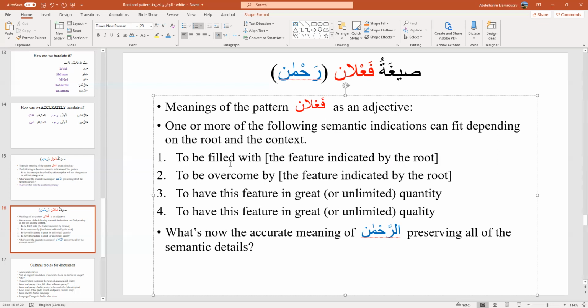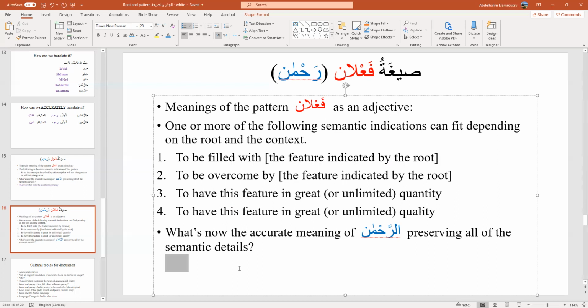So if you'd like to indicate the semantic indication according to each one: first, to be filled with mercy; second, to be overcome by mercy; third, to have great, in this case unlimited, mercy in quantity; and finally, to have unlimited mercy in quality.